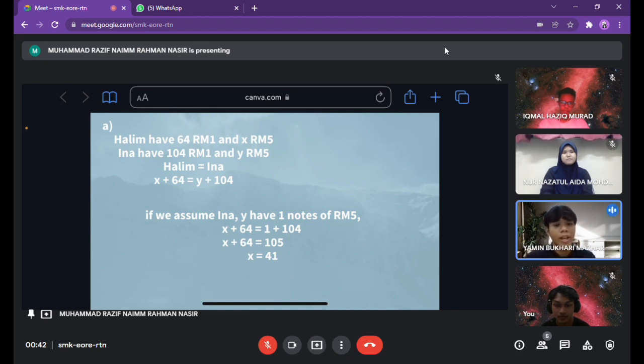We get X plus 64 equals 1 plus 104, where 1 is the Y that we replaced, and we get X equals 41, where X is Halim. So Halim has 41 pieces of 5 ringgit, meanwhile Ina has 1 piece of 5 ringgit.